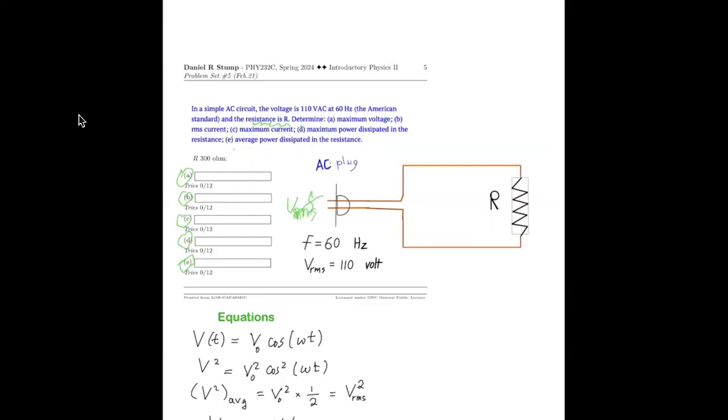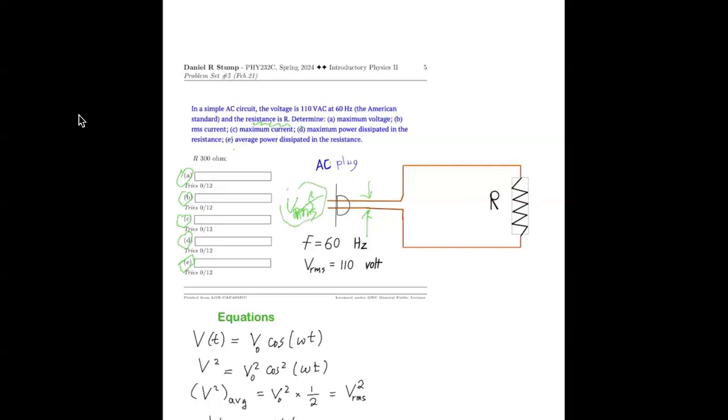A plug has two wires, two little terminals. Between the two terminals, we'll have an alternating voltage with an RMS value of 110 volts. And it alternates with a frequency of 60 hertz, 60 cycles per second. This is what's supplied by the power company.